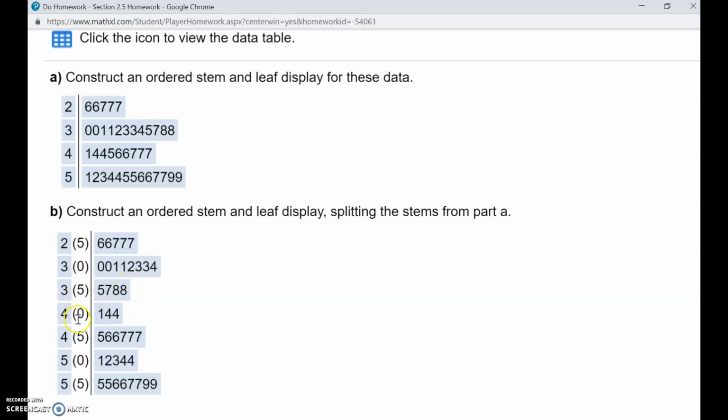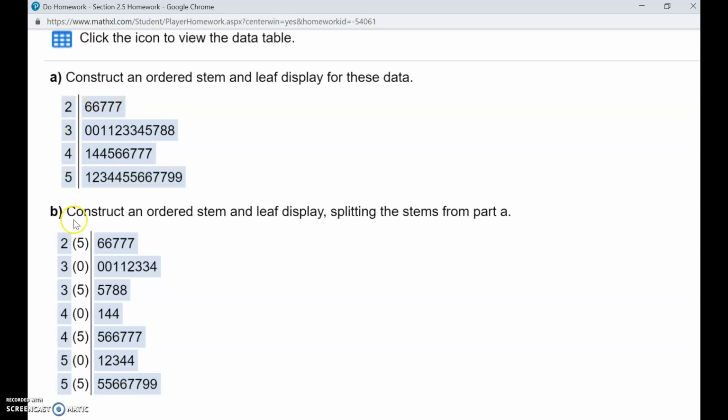Same thing with 40. You're going to split the stem at the 5. So 144 would go here with the 40. And then 45 to 49 would be in the next stem. So you're just taking your leaves here and splitting them in two.